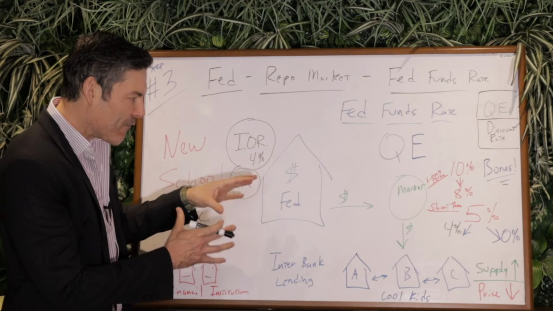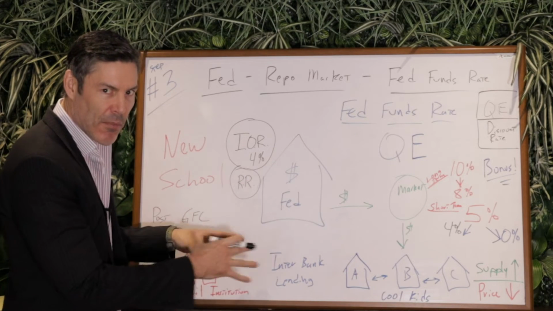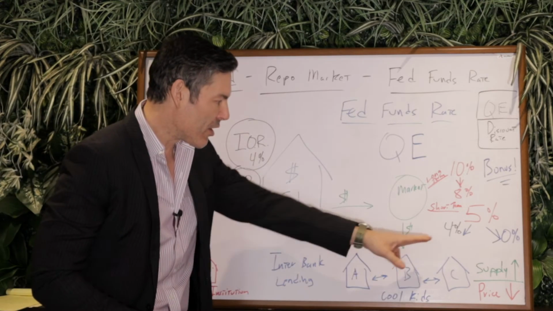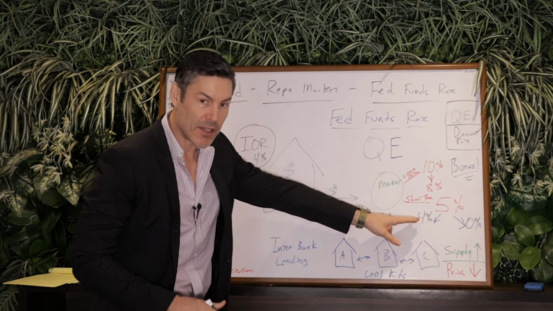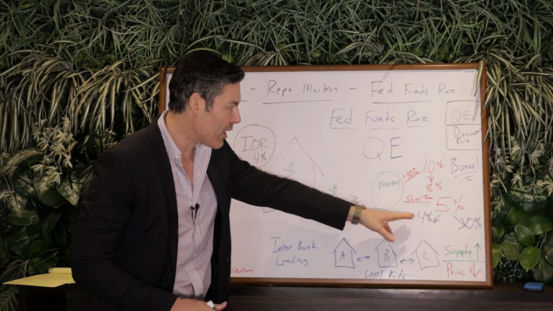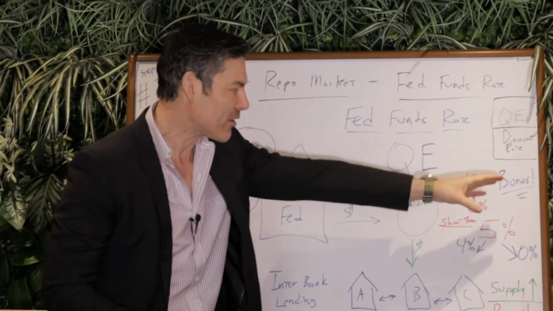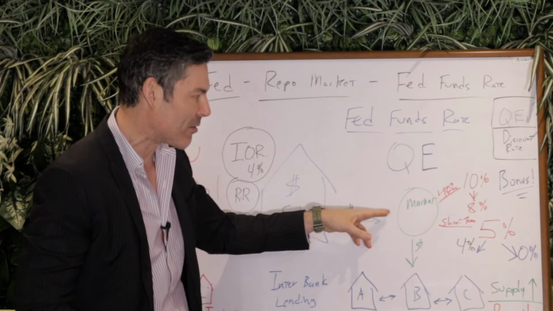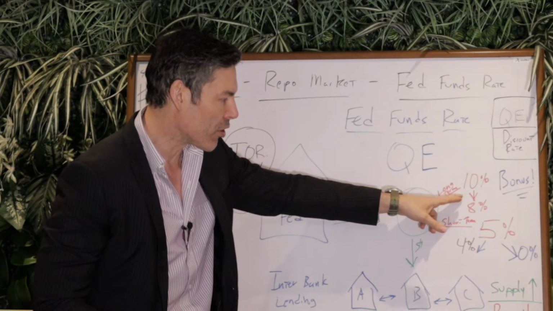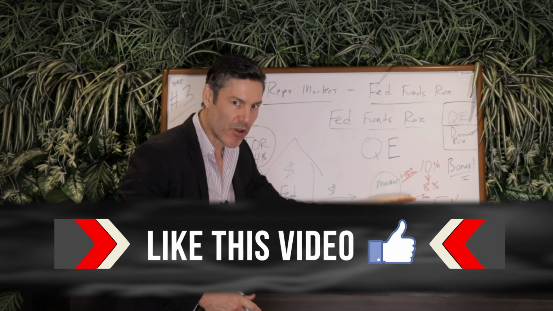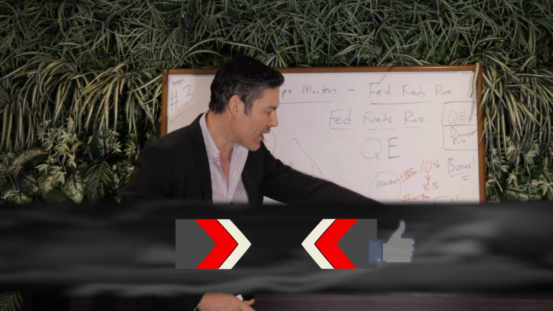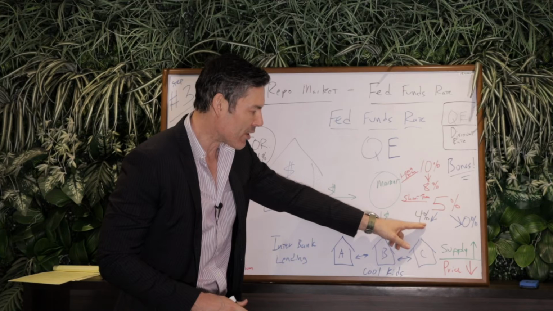The Fed effectively controls the entire market then to make sure that the Fed funds rate never goes under their target, even though they're pumping massive amounts of liquidity into the system by buying long-term bonds, which otherwise would have brought the Fed funds rate down way lower than they wanted it to go.